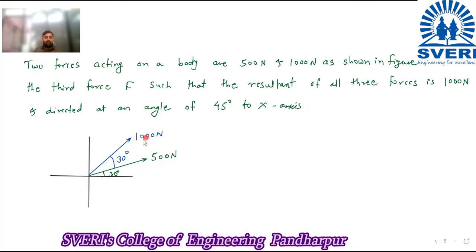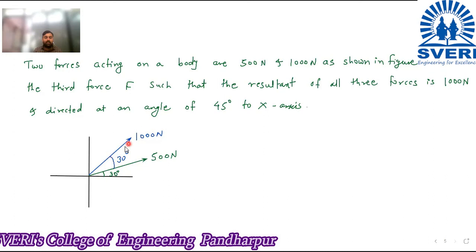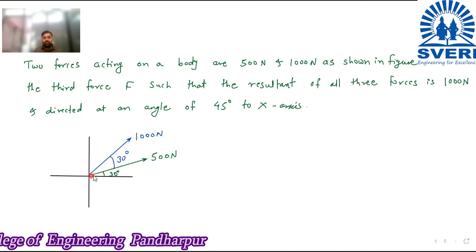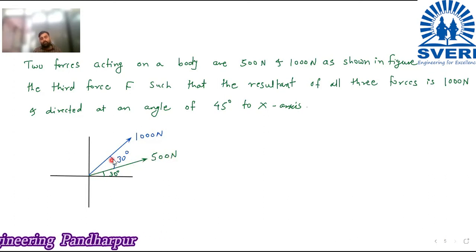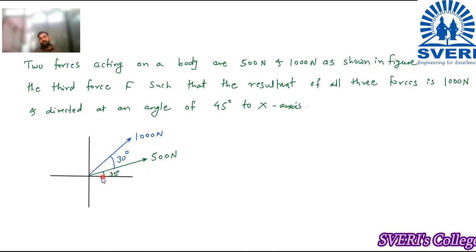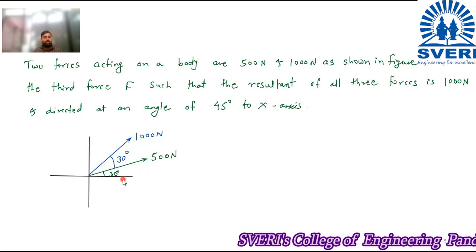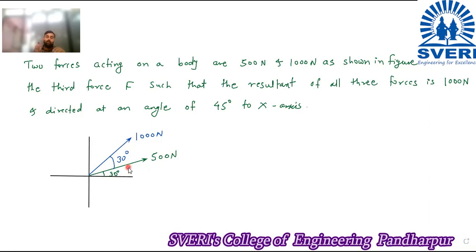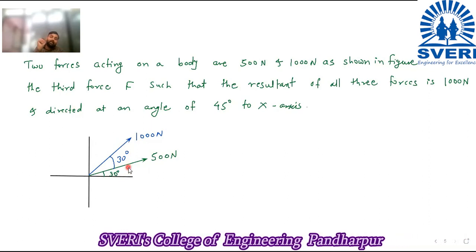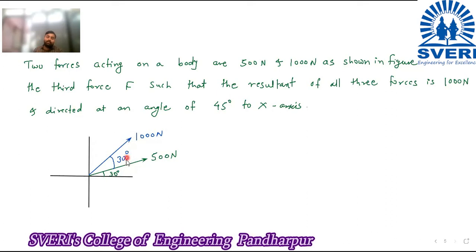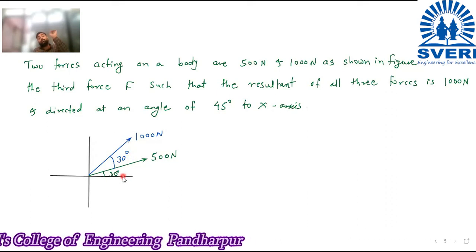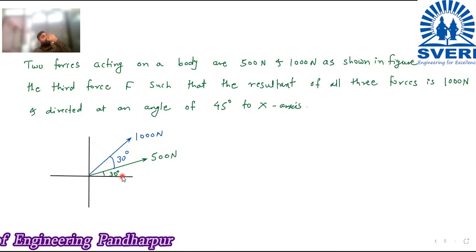But the angle of this 1000 Newton force, this 30 degree, is not with the horizontal line. So you should always take the angle either with x-axis or with y-axis. So if this angle is 30 and this angle is 30, the total angle will become 60. You also have to confirm that the angle you have calculated, in this case 30 plus 30 is 60, should be an acute angle. It should not be an obtuse angle for the resolution.